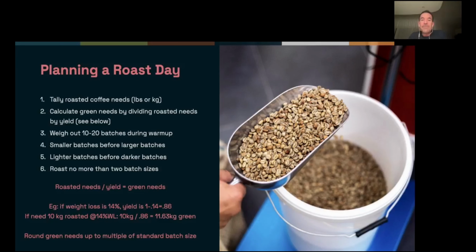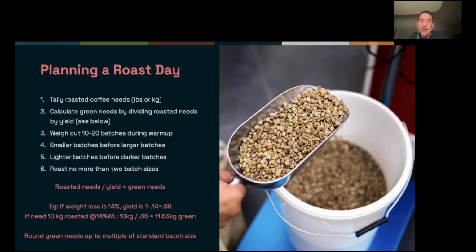Okay, when planning a roast day, most of us are familiar with the math involved in converting roasted coffee needs to green coffee quantities. So for instance, if you needed 10 kilograms of roasted coffee and your weight loss was 14%, you would divide 10 kilos by 0.86, which is the roasted weight percent.